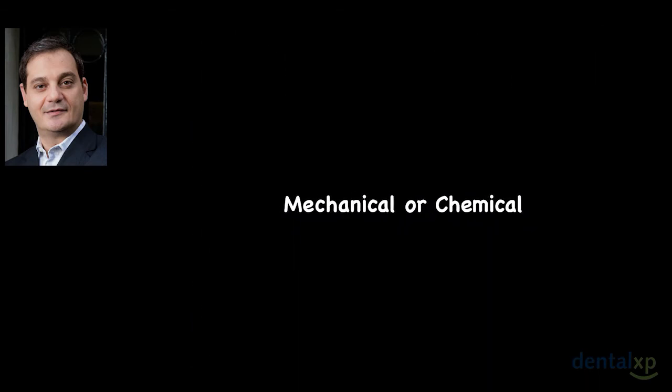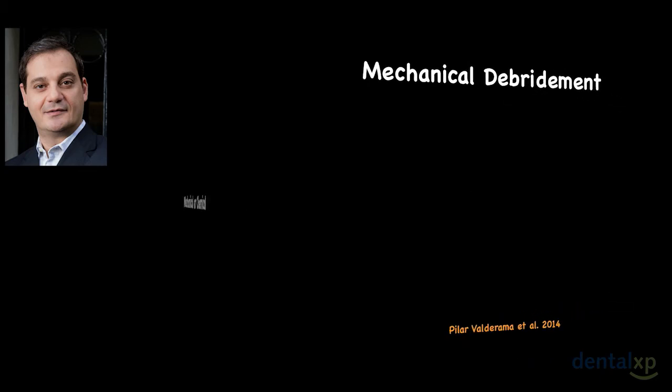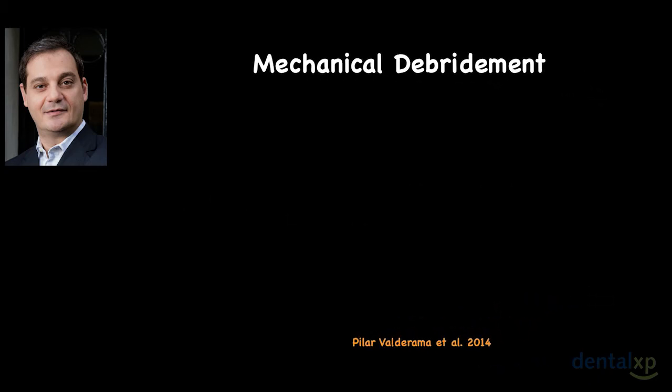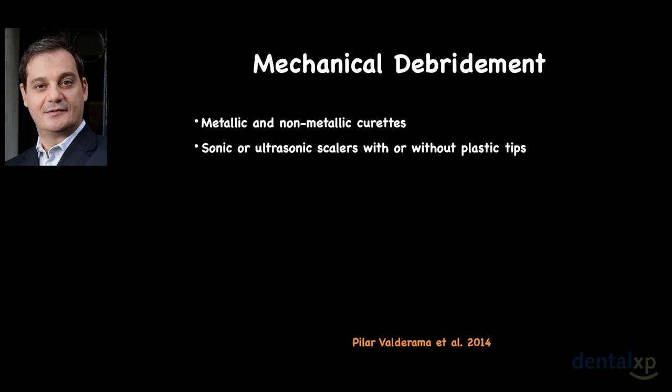So this is why the mechanical and the chemical came about. People said, okay, we can do mechanical or we can do chemical. So let's see what's the truth of all of that. If we look at Pilar in 2014, he said the mechanical debridement can be with metallic or non-metallic curettes. Again, they're trying to avoid damaging the implant surfaces.